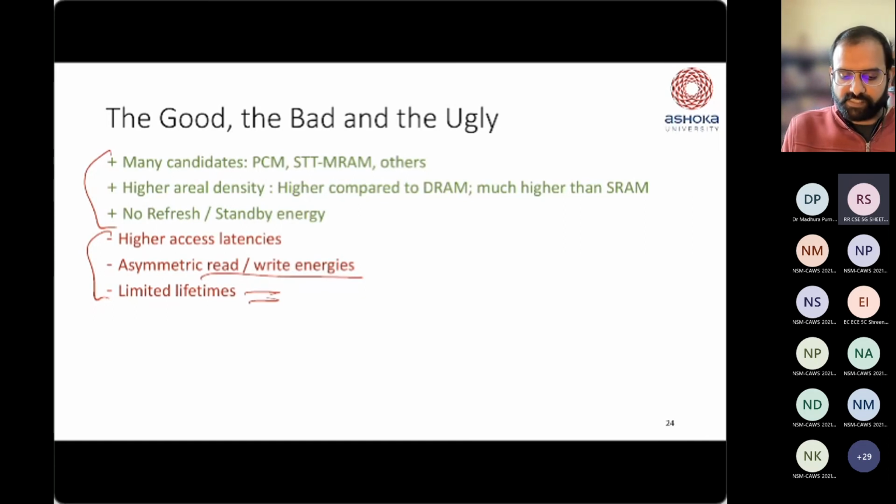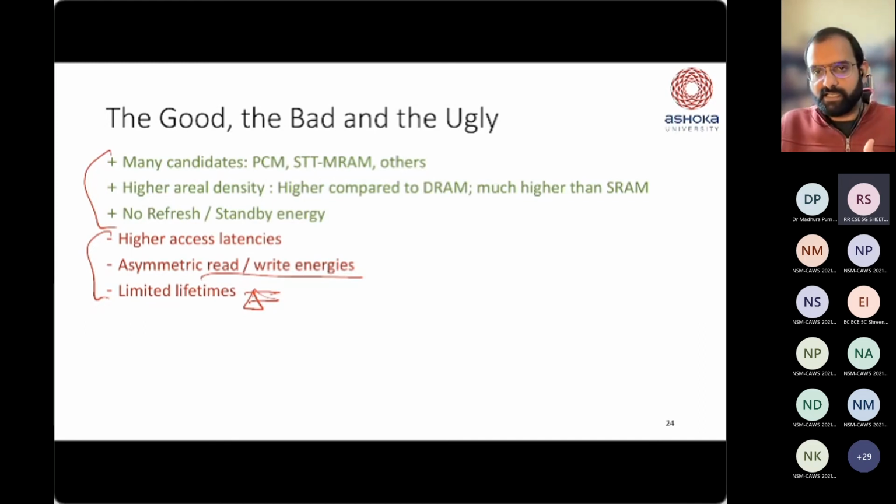The biggest problem with most of these technologies is that they have limited lifetime. Again, going back to the example of phase change memory, you are passing amounts of current and changing the state of the chalcogenide material over time, right? There are only so many times that you can go back and forth between amorphous and crystalline to the point where you cannot do it anymore.